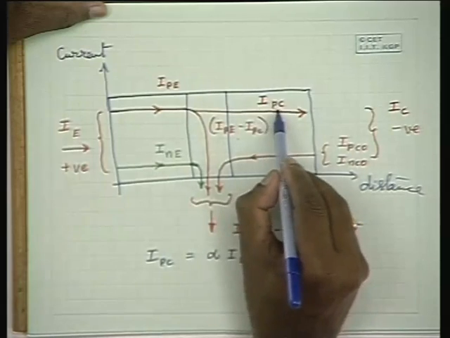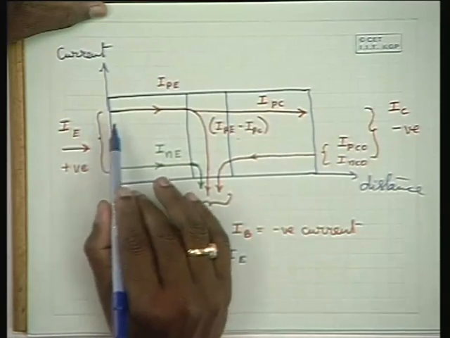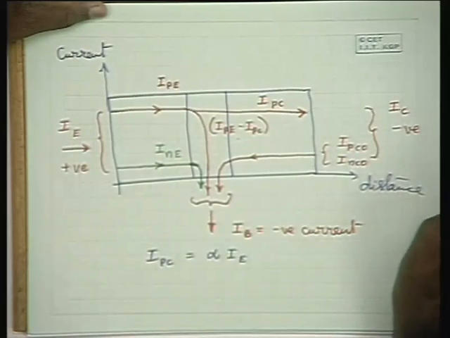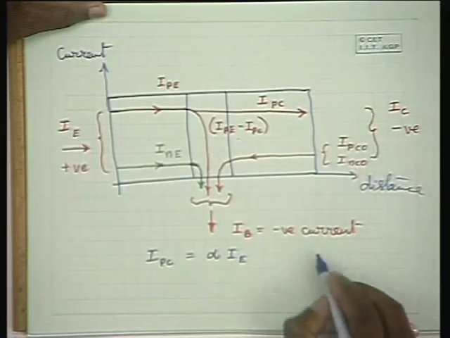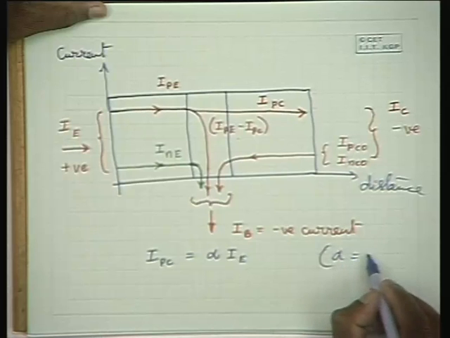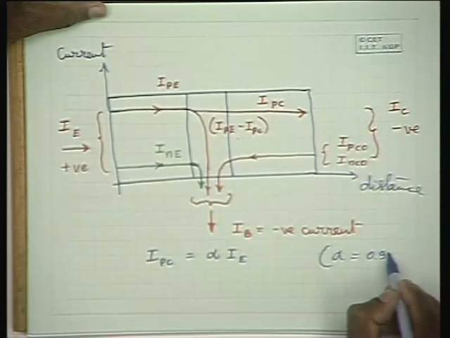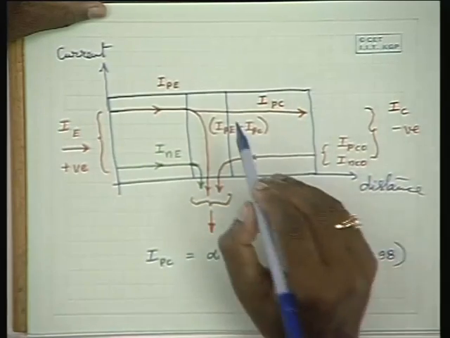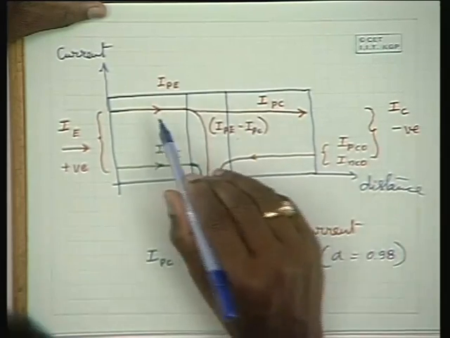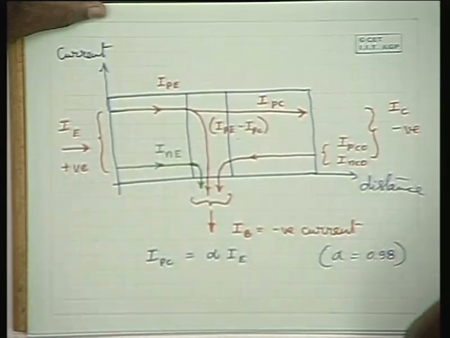Therefore, this current IC can be expressed as a fraction of IE, almost about 98% of IE. So alpha is of the order of about 0.98, and we can express this IC as alpha times IE.